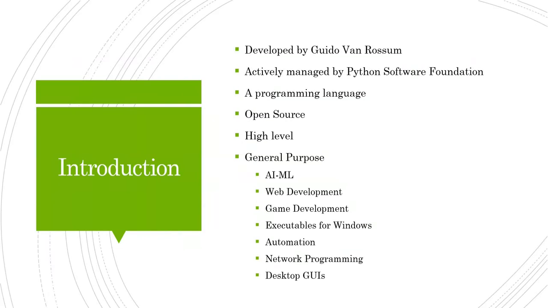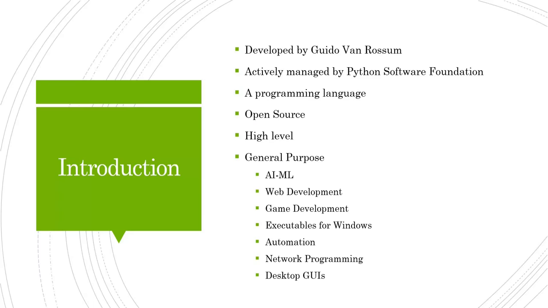Python was developed by Guido van Rossum. Right now, it is actively managed and developed by Python Software Foundation. It is a high-level open source programming language and it is a general purpose language.